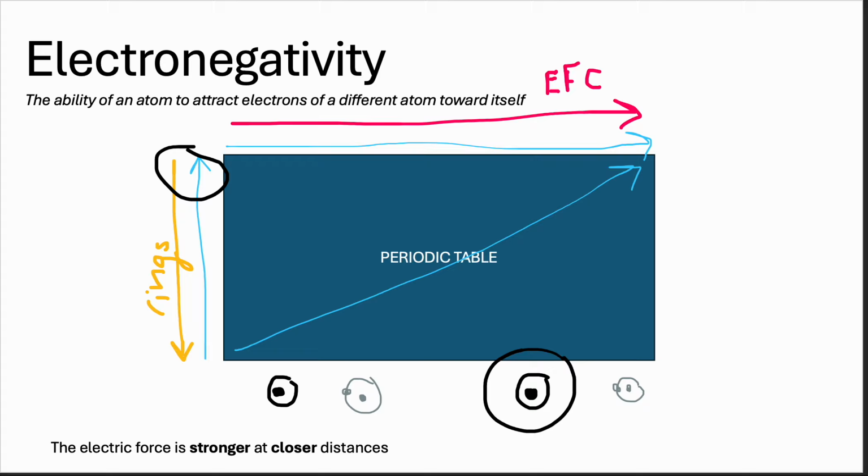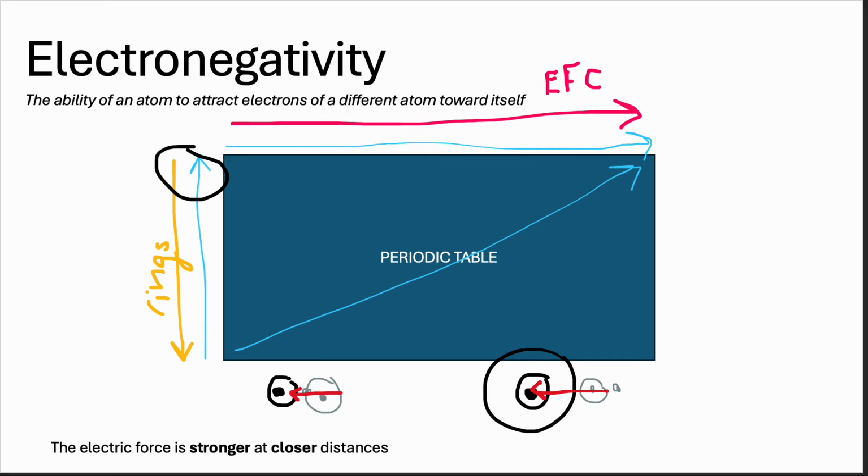Well, if my electronegativity is how well this nucleus can pull on this electron, I can see that I can bring this guy closer than this atom, just based on where that outermost ring is or how many rings I have. And so this atom over here is going to be able to exert a greater force on that electron than this one because it can bring it closer to itself.